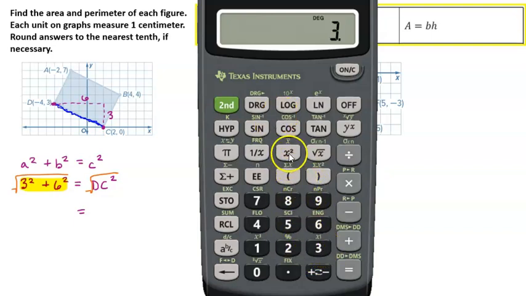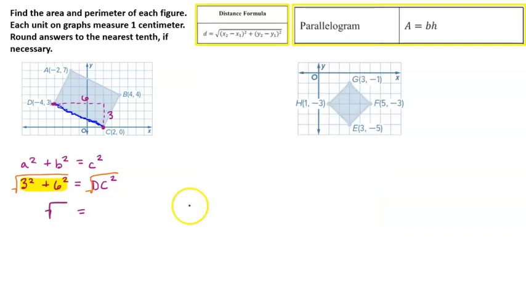So we've got 3 squared plus 6 squared, and then always make sure you hit equals at the end, and that's going to be the square root of 45. So now for these, this is the square root of 45 here, and that makes this also the square root of 45 on this side as well. And so that's how we find one of the sides.